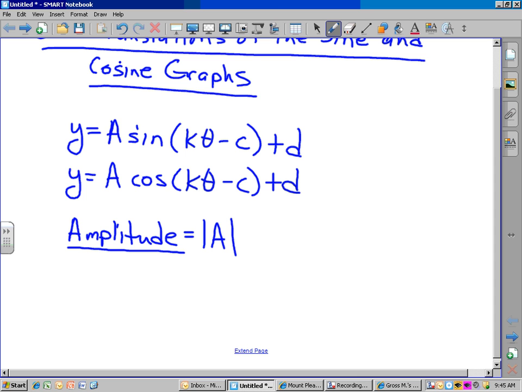What does the amplitude mean as far as the graph is concerned? It's the height of the wave. All right?